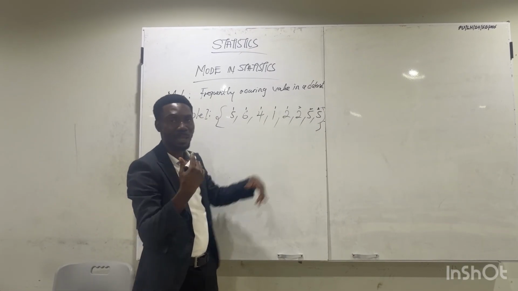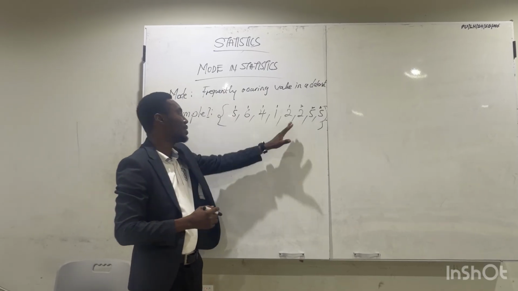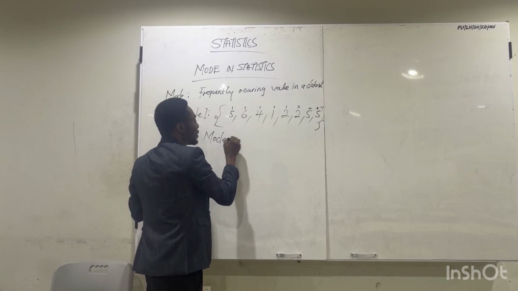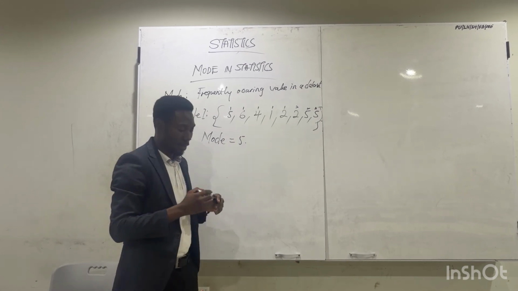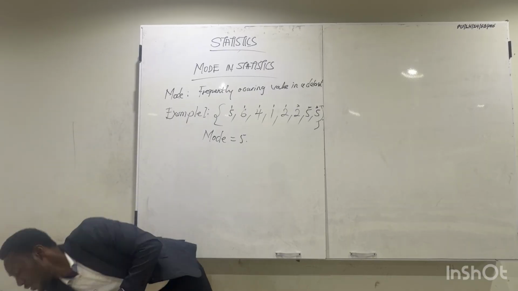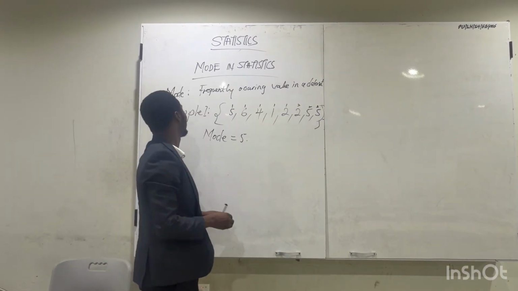In this data set, the mode is equal to 5. This is an example of a simple data set.